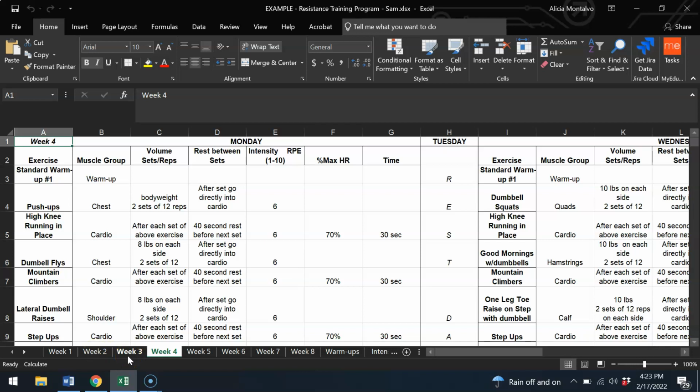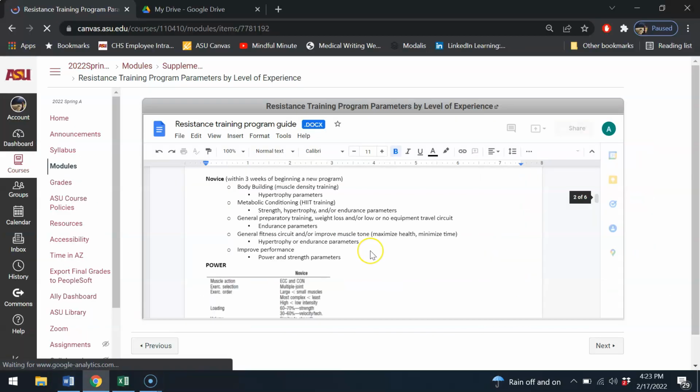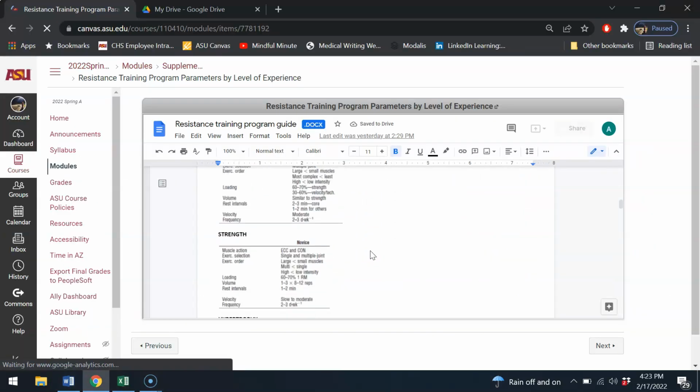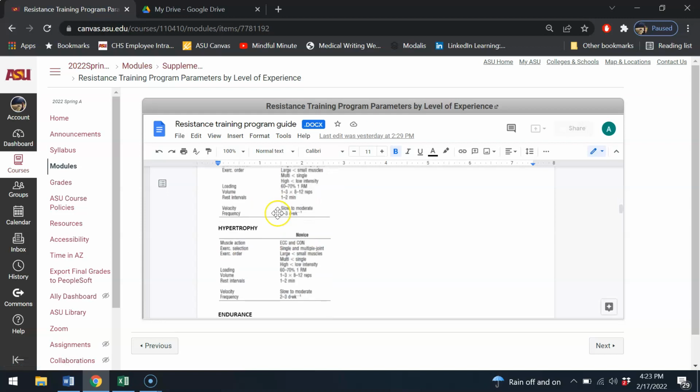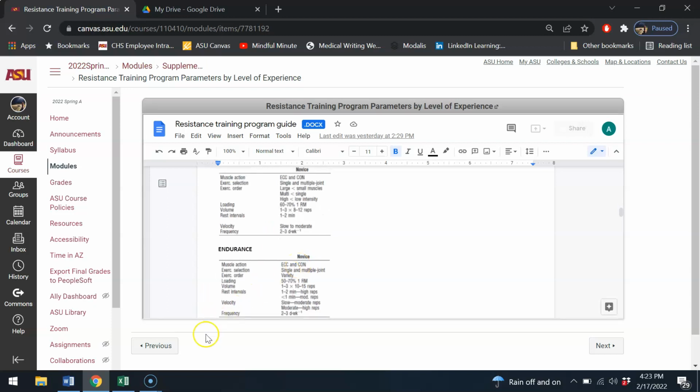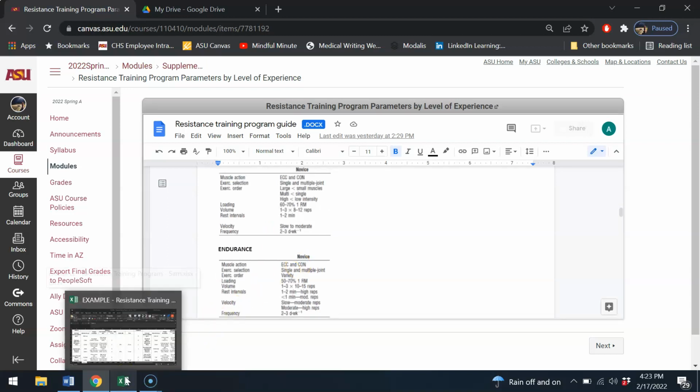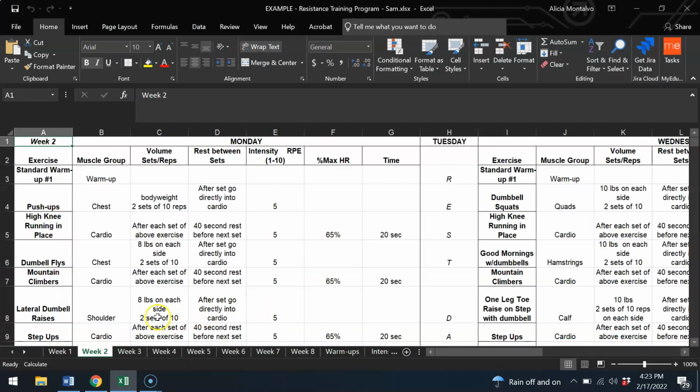Week 3 looks the same over days. Week 4 looks the same over days. And then weeks 1 through 4 all have something in common. Realistically, what you should do is say weeks 1 through 4 I'm working strength, weeks 5 through 8 I'm working hypertrophy, something like that. That's usually what you do in a mesocycle with traditional linear periodization.